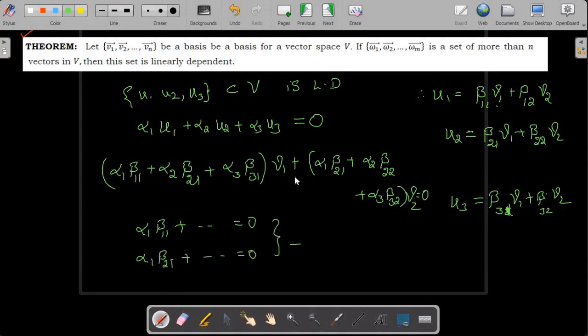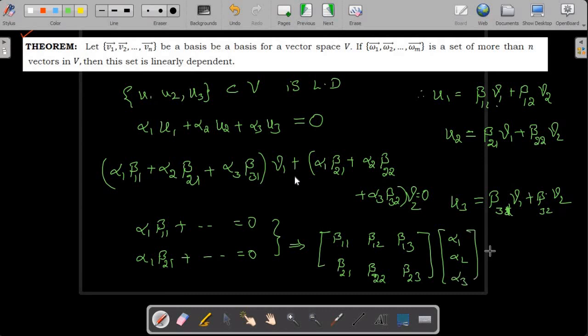Now this can be written in terms of a matrix. The matrix is beta 11, beta 12, beta 13, and beta 21, beta 22, beta 23. This matrix multiplied with alpha 1, alpha 2, alpha 3 will give you 0, 0.